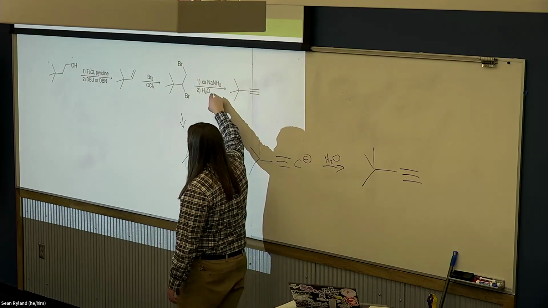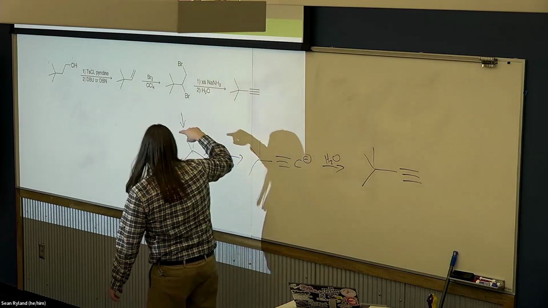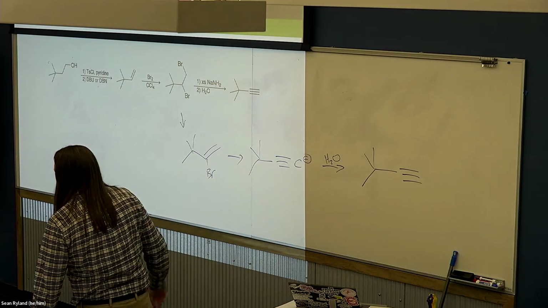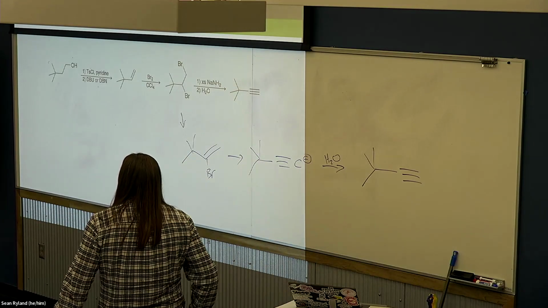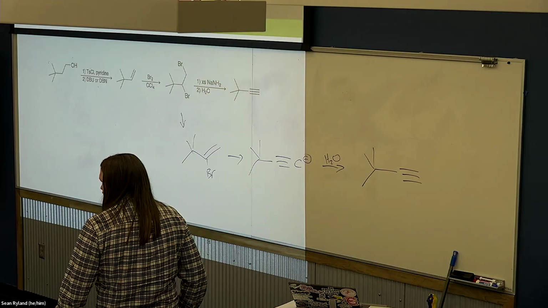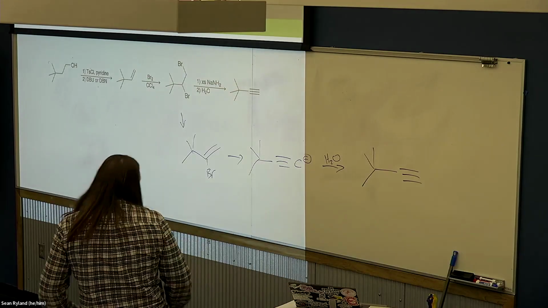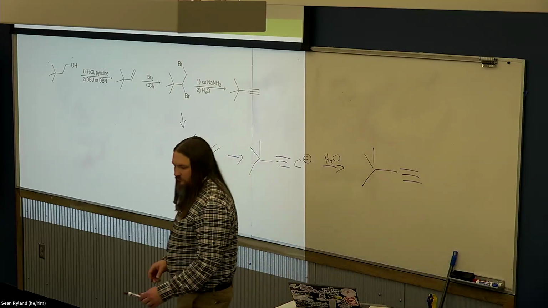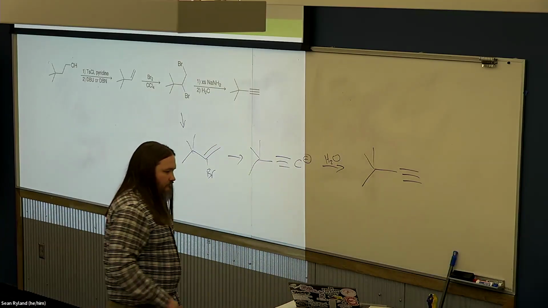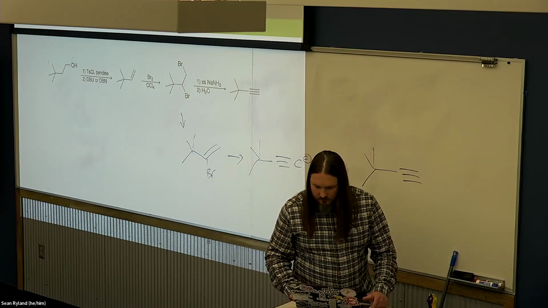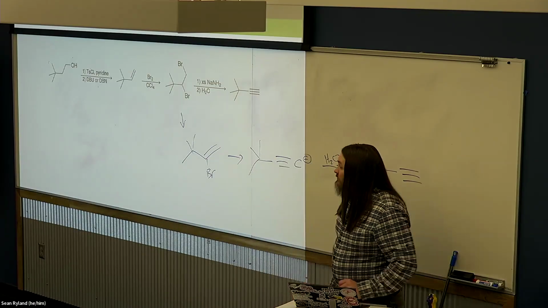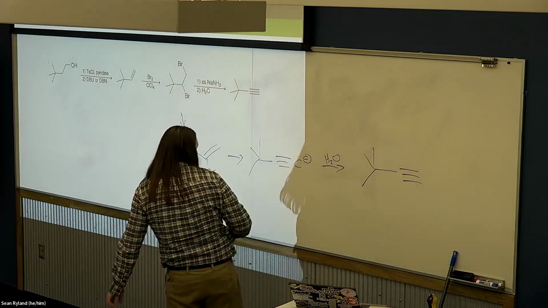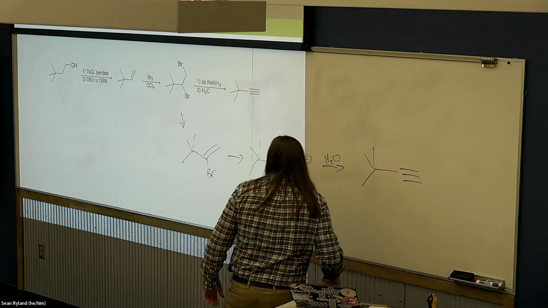So step 2 on this last part is just add some water so that we can protonate that alkyne and not leave it as an alkynide. I'm just reminding you of what this mechanism is.